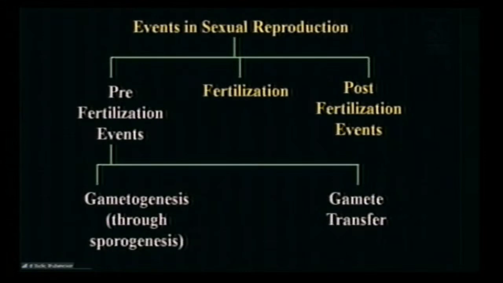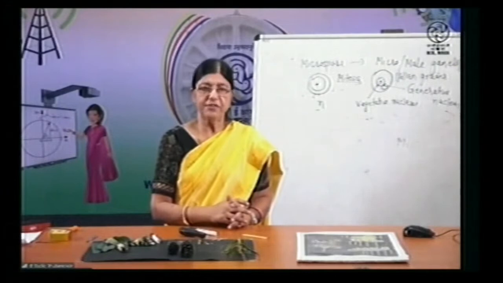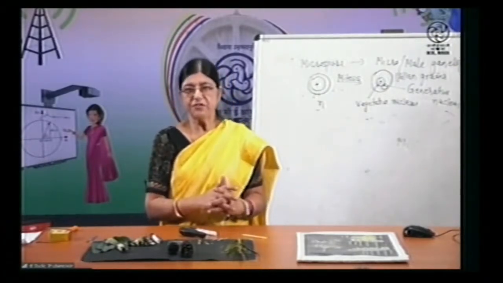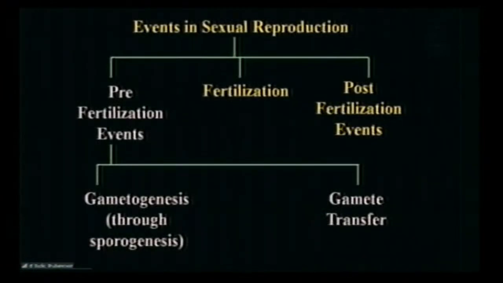Sexual reproduction is a very complex process, and it includes several phases. All these phases we can broadly divide under 3 events. One is pre-fertilization events, next is fertilization events, and next is post-fertilization events. So here we have done pre-fertilization events.